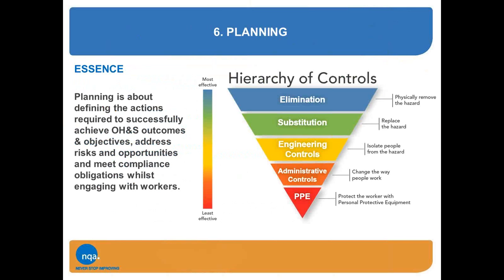It also talks about, in section 6, the hierarchy of controls. So I've put on the slide the quick diagram of the hierarchy of controls. Obviously, elimination being the most effective control from a hazard.